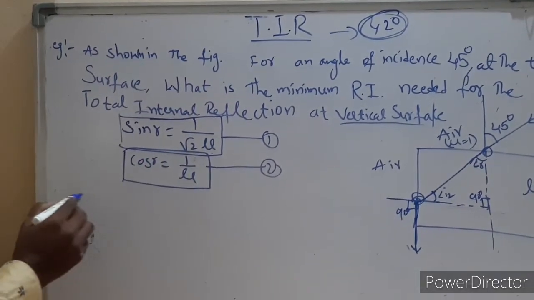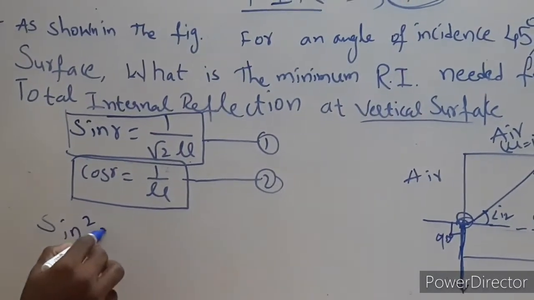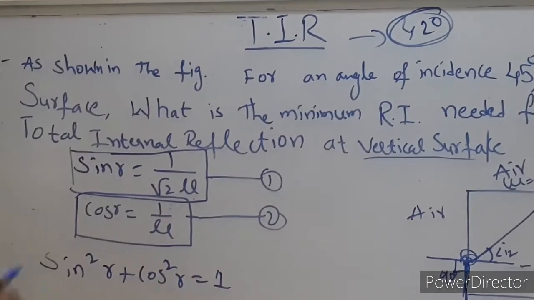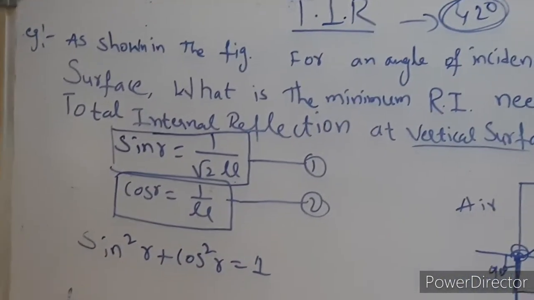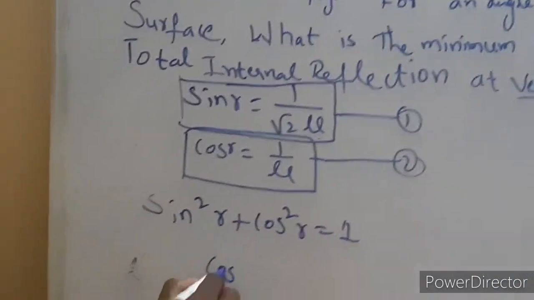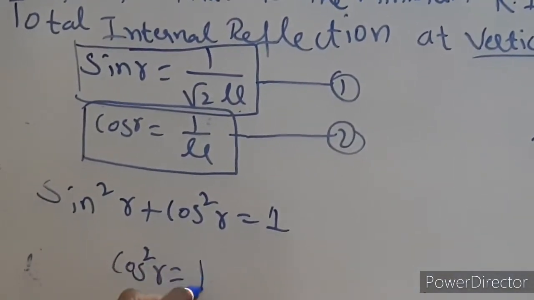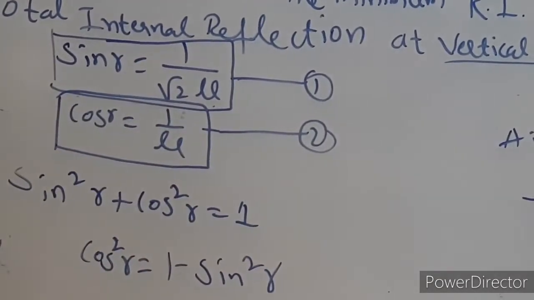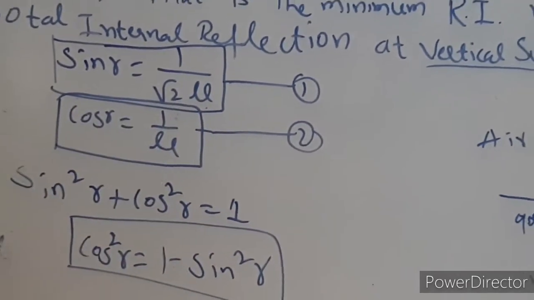For finding that, from the trigonometric identity, sin square r plus cos square r equal to 1, I can write cos square r equal to 1 minus sin square r. So I am substituting from equation 1 and equation 2.